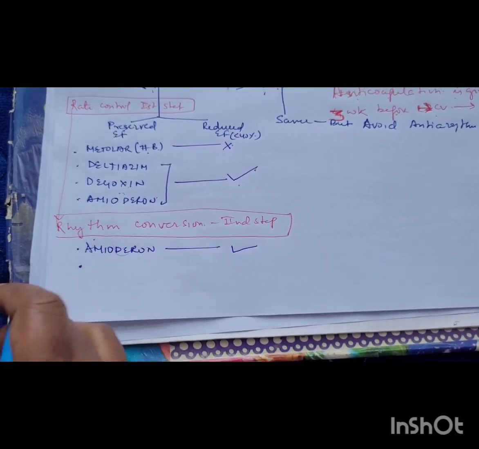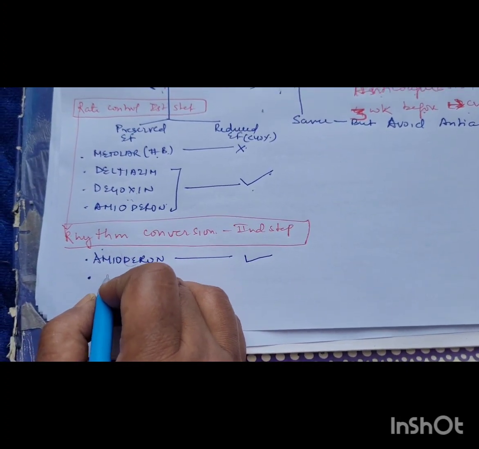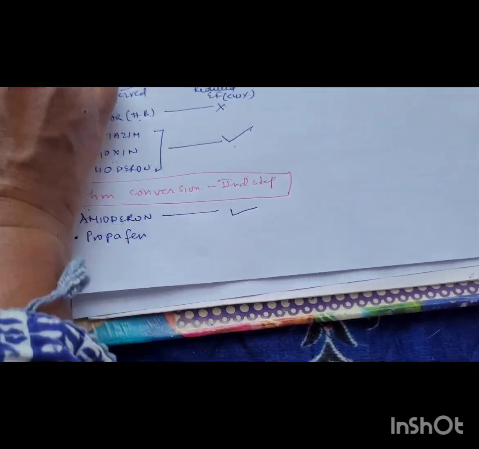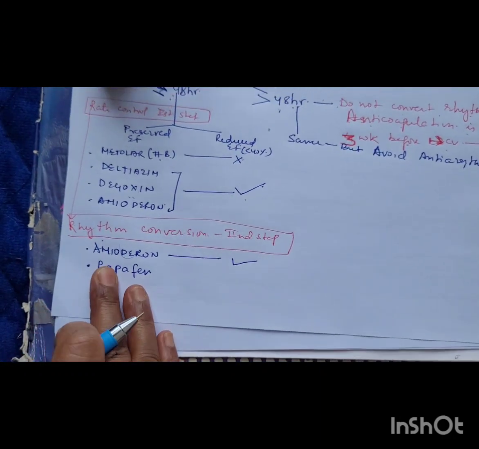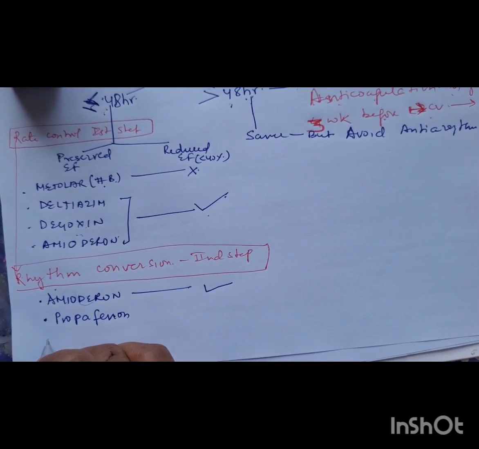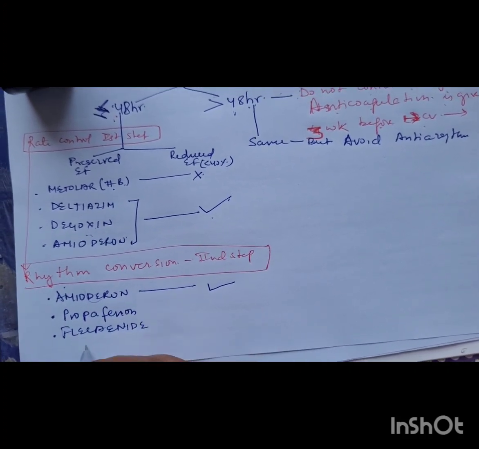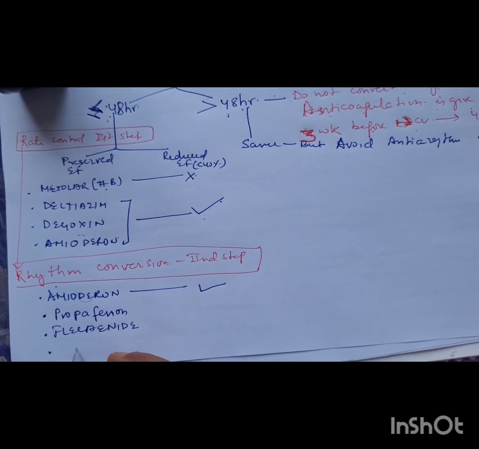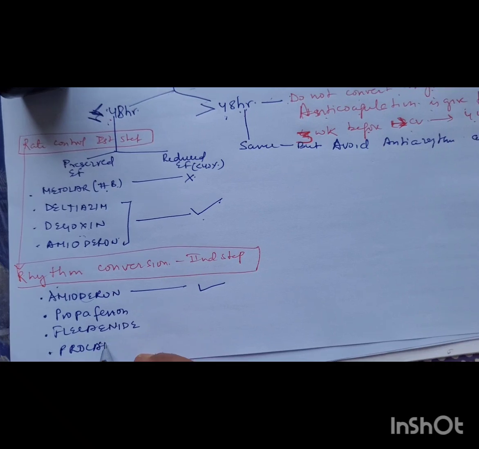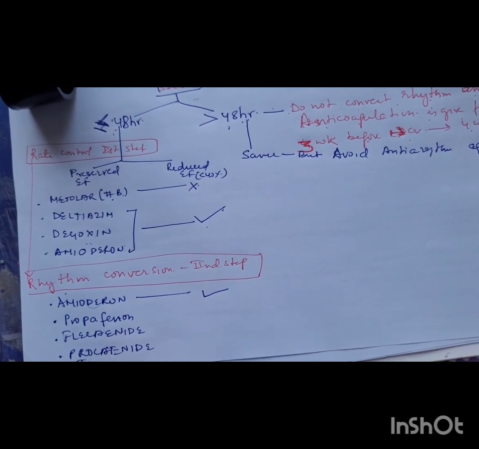For preserved ejection fraction, we have many more options, like we can give propafenone, or flecainide, or we can give procainamide, or ibutilide.